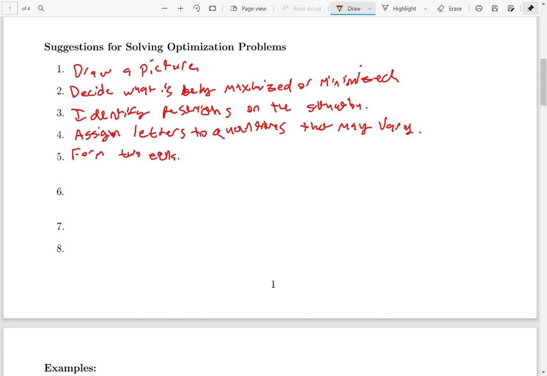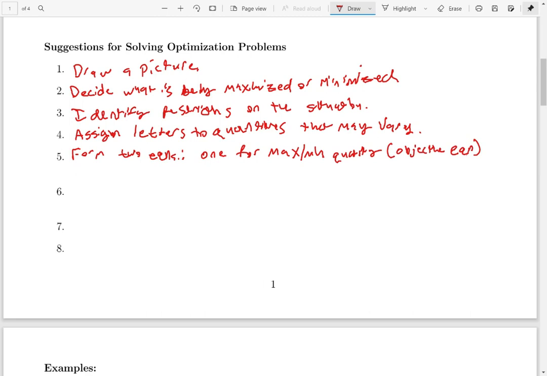And remember that those 2 equations are going to be one for your maximum and minimum quantity, and it may be max or min. Usually we're not doing both. And that maximum or minimum quantity equation is going to be called the objective equation.